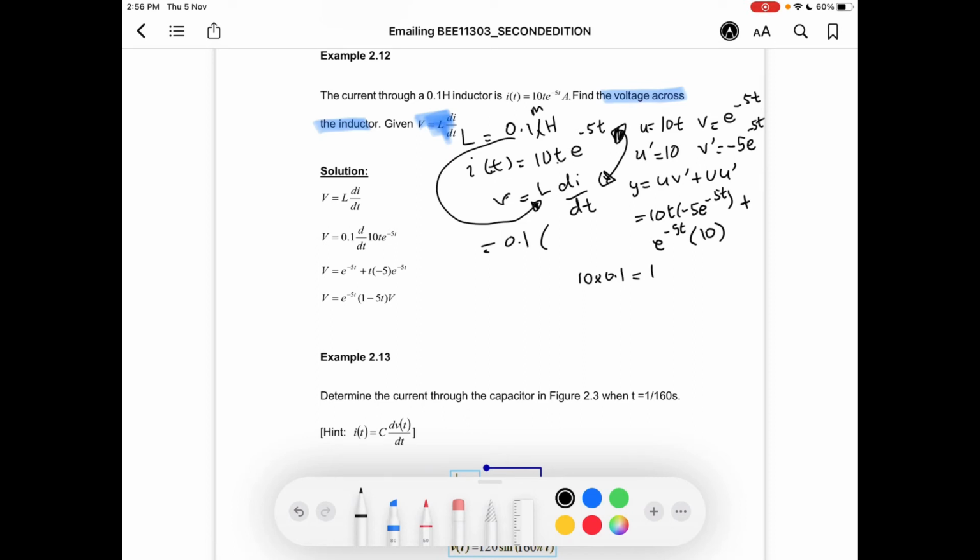You should get 1, right? So that is why when you times up this one with 0.1, what's left is that, okay, this one will become t times negative 5e negative 5t, plus e negative 5t.